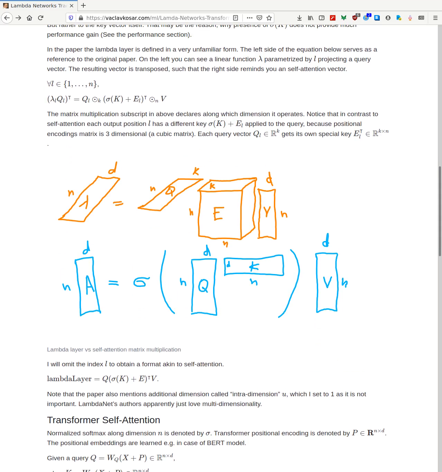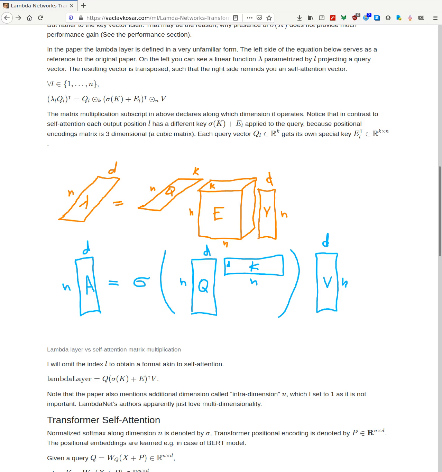The paper itself is written in a very unfamiliar form. I think that's because the authors come to this conclusion from a very different angle, but I think I did a good job at rewriting this into a format that is very similar to attention. So in this equation below, on the left side, you have the format similar to what is in the paper, and we do a transpose to that.